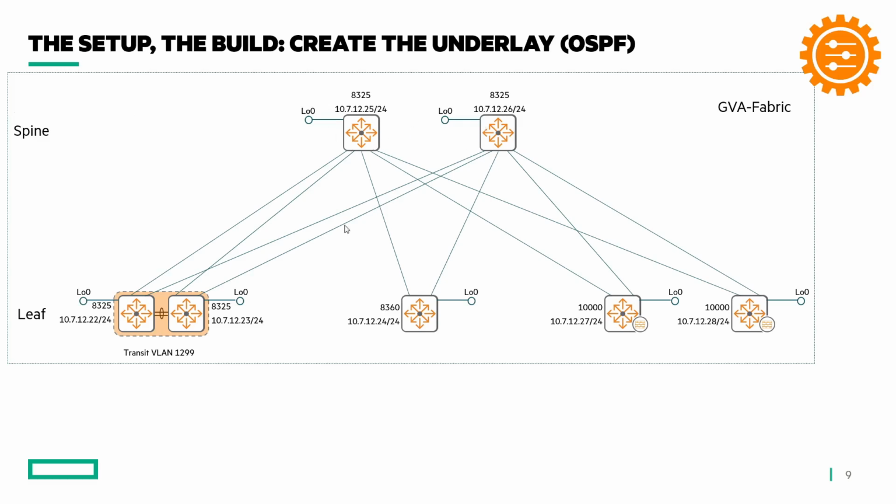You can see here the loopback 0 interfaces, and then we can use those loopback 0 IP addresses to build the BGP autonomous system and to create the peering relationships based on BGP. But we'll start with OSPF.